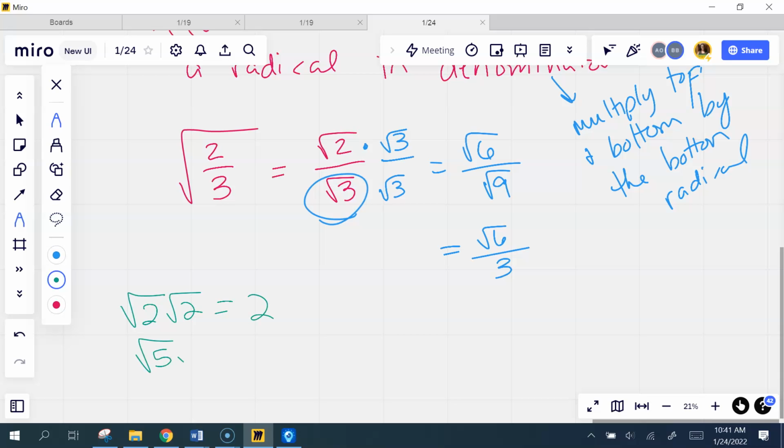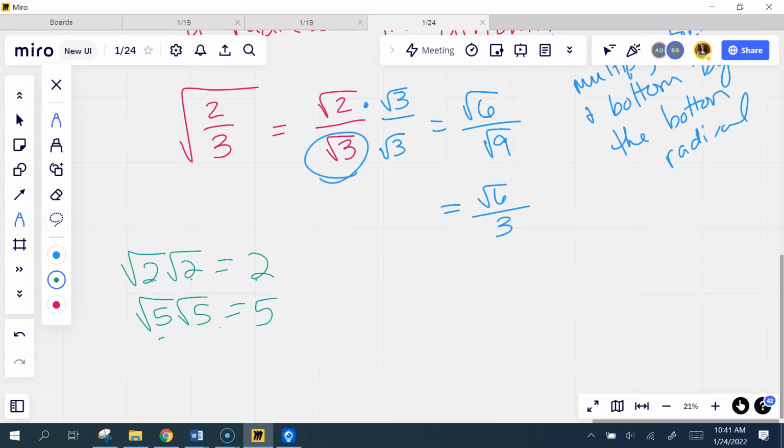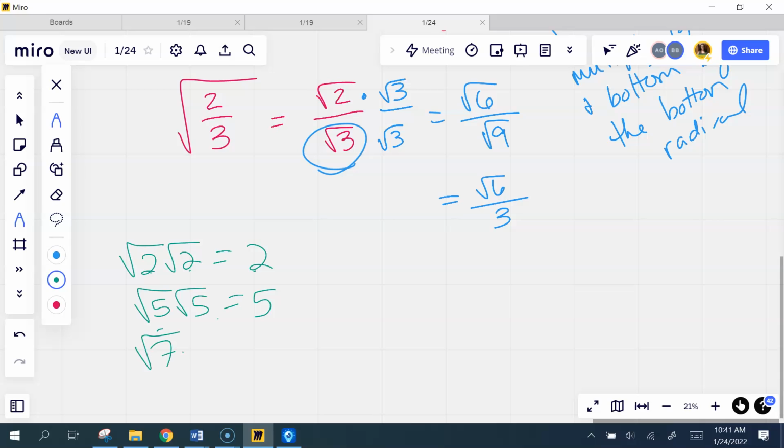The square root of 5 times the square root of 5 is, what do you think it is? The square root of 3 times square root of 3 is 3. The square root of 2 times square root of 2 is 2. What's the square root of 5 times square root of 5? Which is, right? What's the square root of 25? What's the square root of 7 times the square root of 7? Which is, see what's happening there? They cancel out and leave you with what's under there.